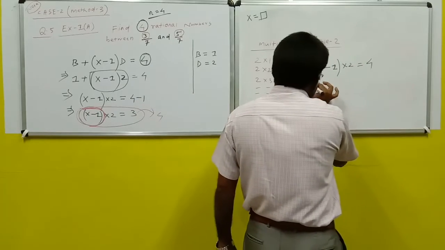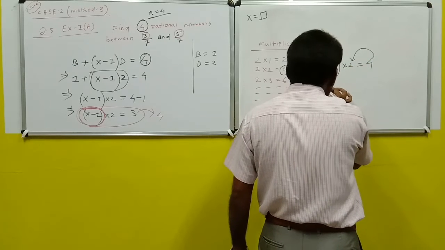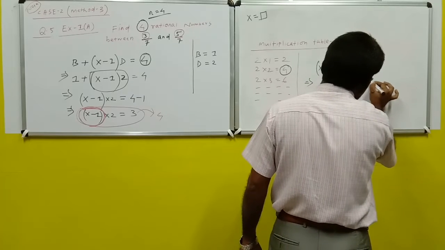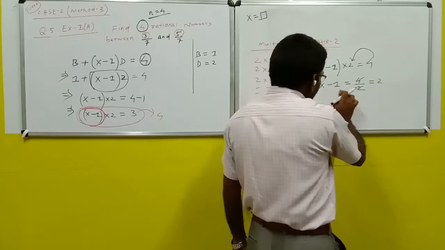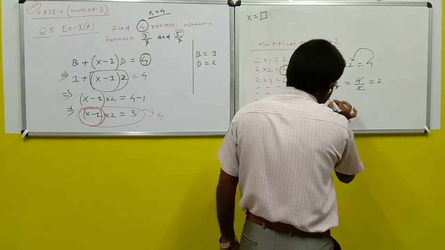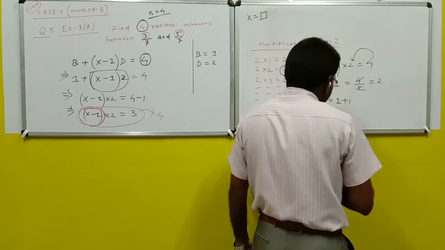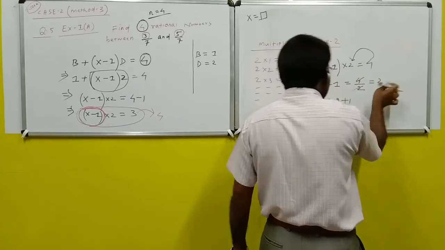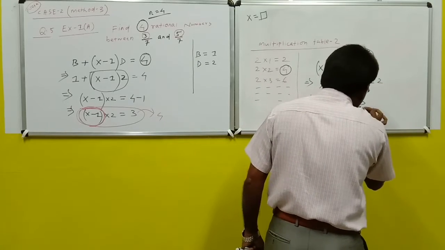Now 4 will be divided by 2 and you get the value of x minus 1, that is 2. So finally you have got x minus 1 equal to 2. Now value of x equal to 2 plus 1. Yes, x minus 1 equal to 2, therefore x will be equal to 2 plus 1, which equals 3. So, value of x equal to 3.